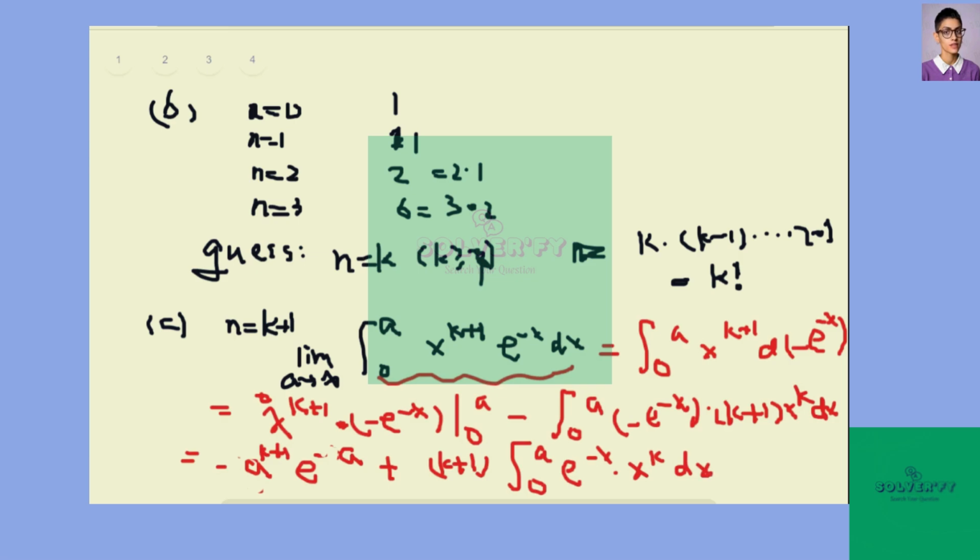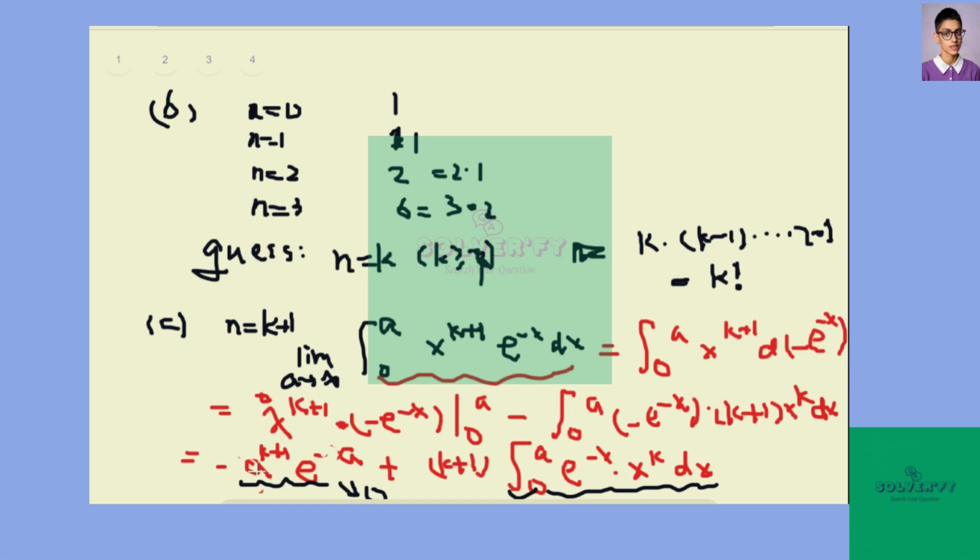Since we assume for n equal to k the result is k factorial, when A goes to infinity, this is k factorial. And k factorial times (k plus 1) is (k plus 1) factorial. And the first part goes to 0 when A goes to infinity.